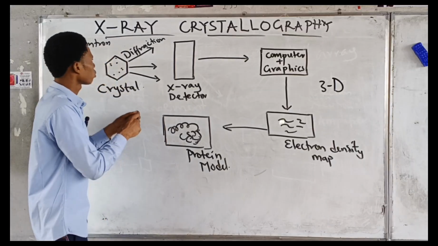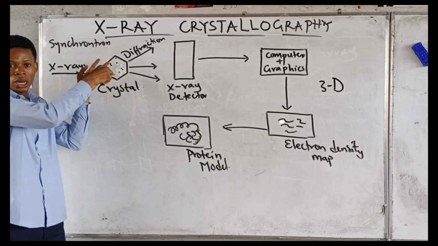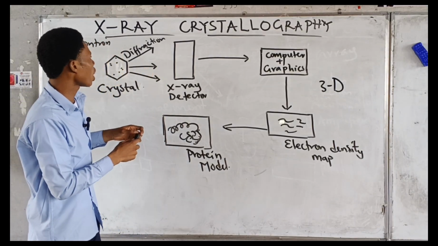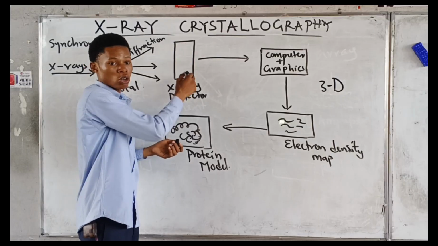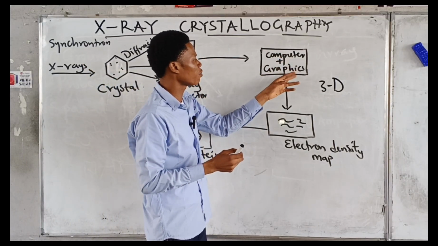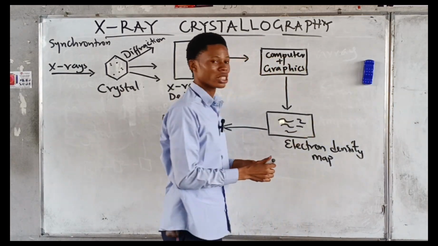As the X-ray passes through this, it will interact with the electrons, right? And as it interacts with the electrons, different patterns will be formed. A specific pattern will be formed. And from that specific pattern, with our computer graphics, we can get the electron density map.